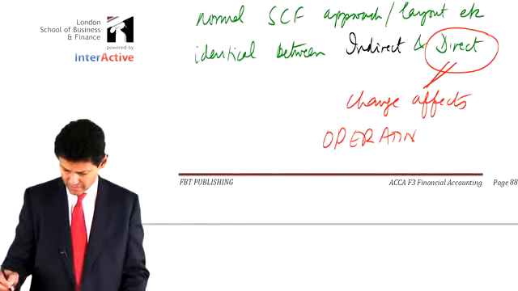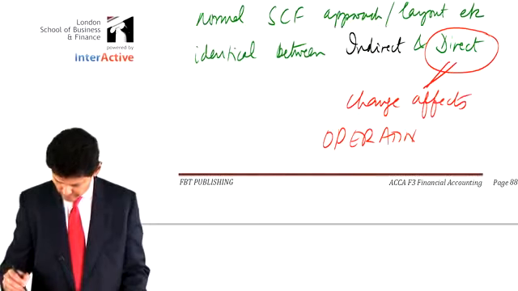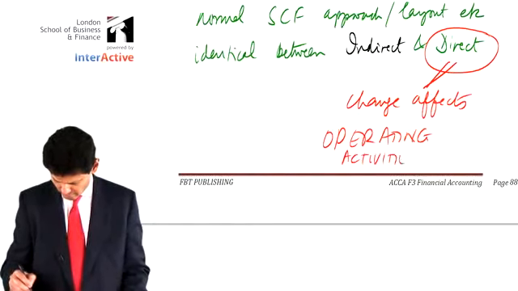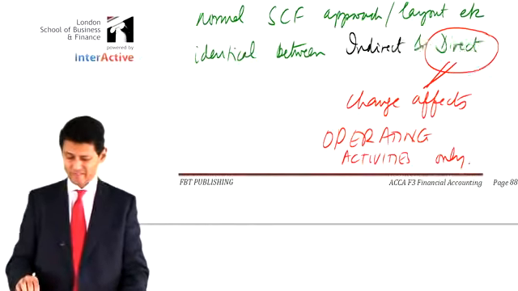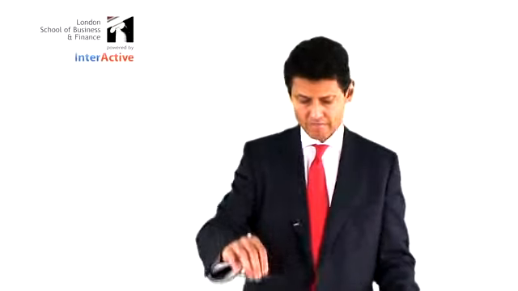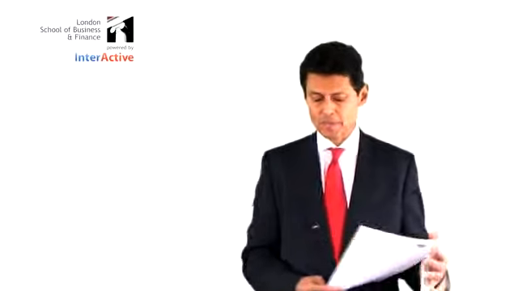Affects operating activities only. The investing and financing is exactly the same between indirect and direct. So nothing to worry about, please. Very straightforward indeed. So there you are, a lovely topic.